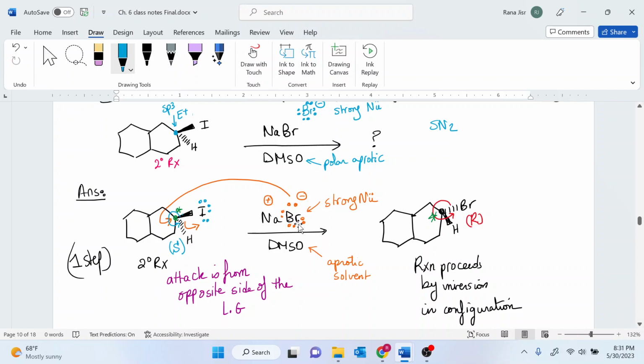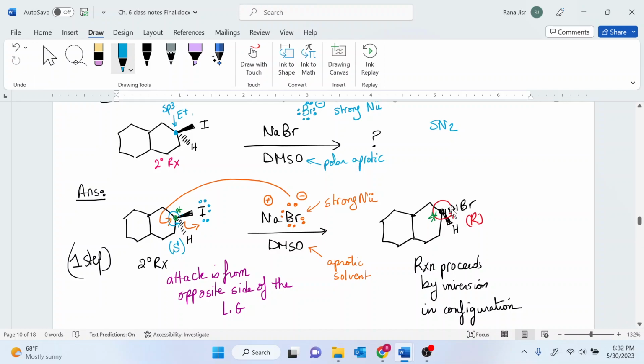Bromine needs to be in a different plane in this case. So it will attack from behind because iodine is in front, so that it can break the bond between the carbon and the iodine. So the stereochemistry of the reaction now is going to show the product having the bromine behind, and now the hydrogen needs to be in front.